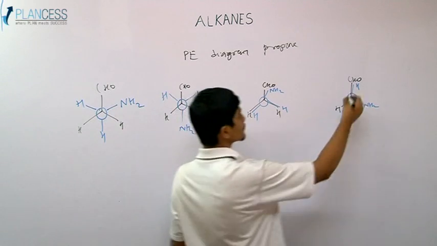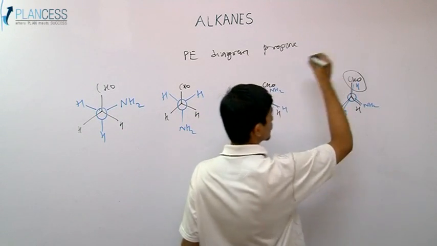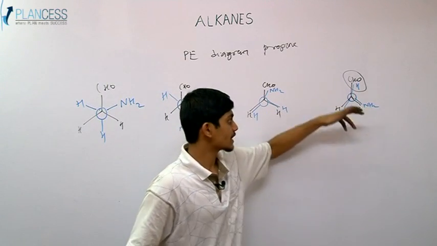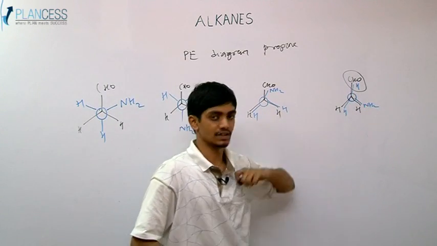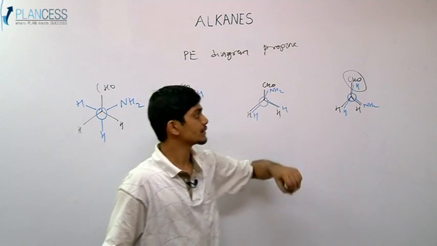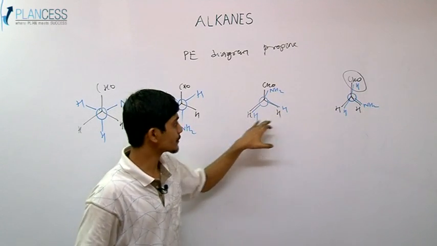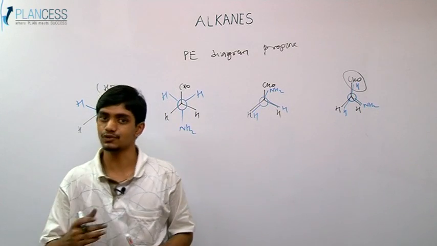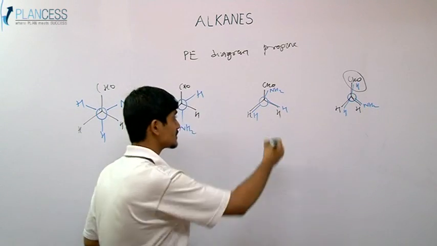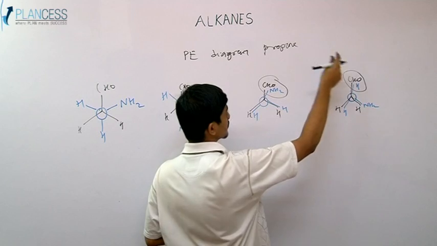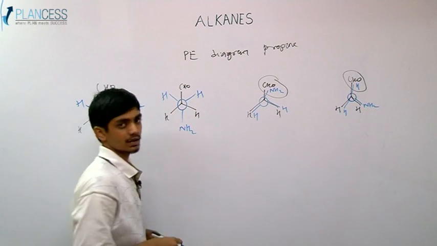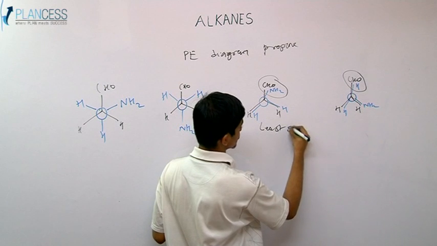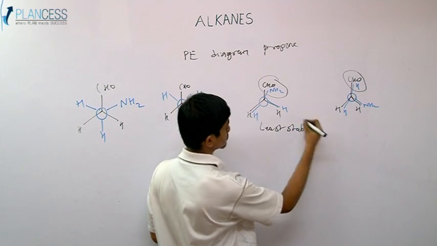But you can argue that this CHO and H difference can also be determined, because of the repulsion between these groups. Here we have lesser repulsion between hydrogen-hydrogen, but a lot of repulsion between CHO and NH2 groups. But in fact, this repulsion actually outweighs the two repulsions that we are getting over here.